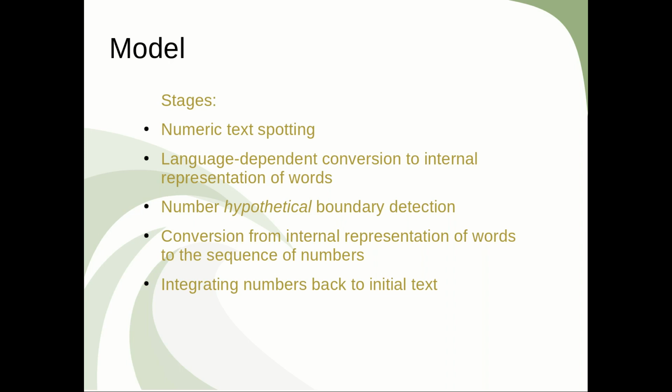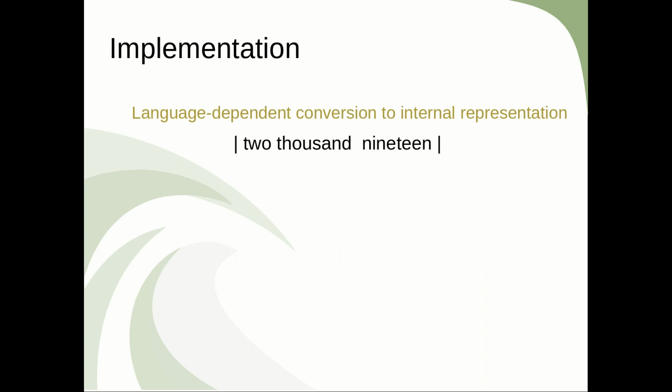After that, we detect hypothetical boundaries of numbers. Then each number will be converted from its internal representation to the sequence of numbers. Finally, the numbers will replace words in the text.